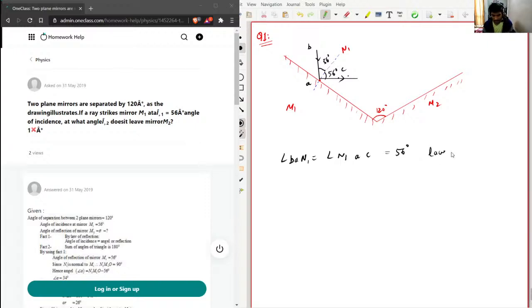Now we have got this angle. What we'll do is extend this such that it meets the mirror M2, and it should be a straight line. So I'm just drawing a dotted line here.